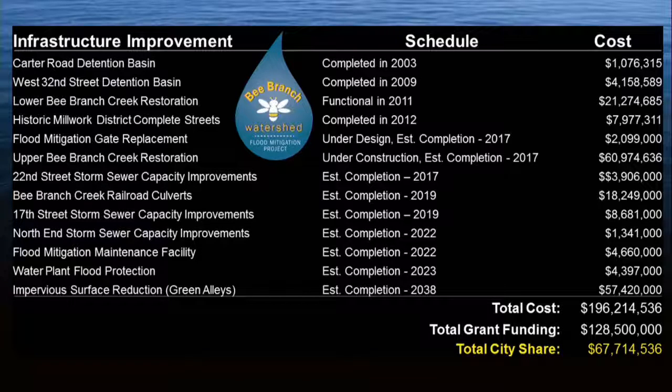And so you can see the schedule. Some of these are going to take significant time to implement, but most of them are going to be done within the next 5 years. And at the same time, we have made progress, and we are realizing the benefits of some of these improvements.